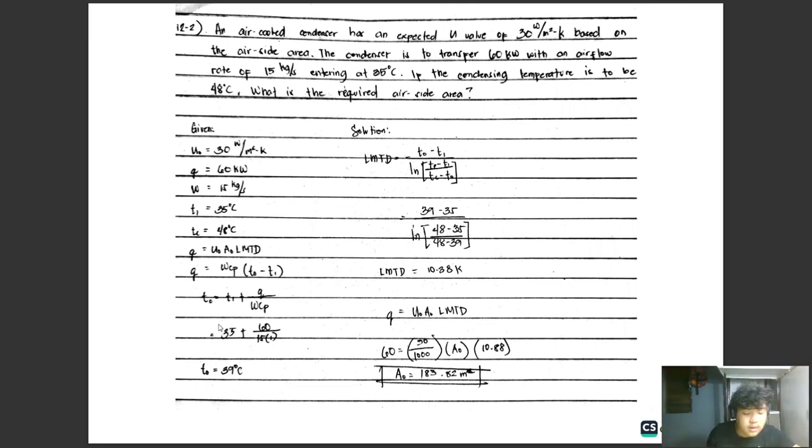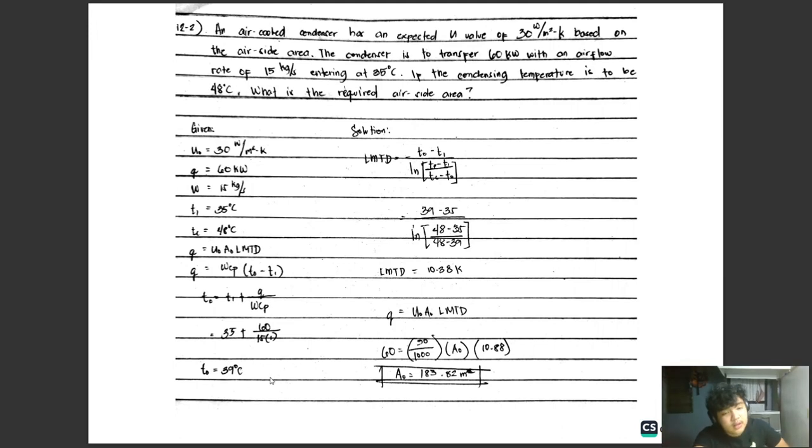By using this formula, we can get TO. So it goes like TO equals T1 plus Q over W Cp, and substitute the values. We get the value of TO as equal to 39 degrees Celsius.